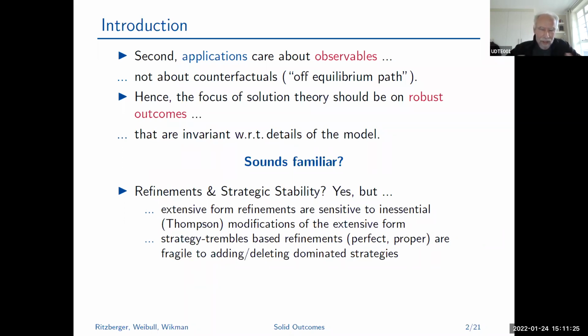Then, of course, these are not new things, and people thought about this 30 years ago or more, which led, of course, to the strategic stability debate. Now, indeed, strategically stable sets, at least in the ultimate formulation by Mertens in the late 80s and early 90s, they do satisfy lots of invariances.